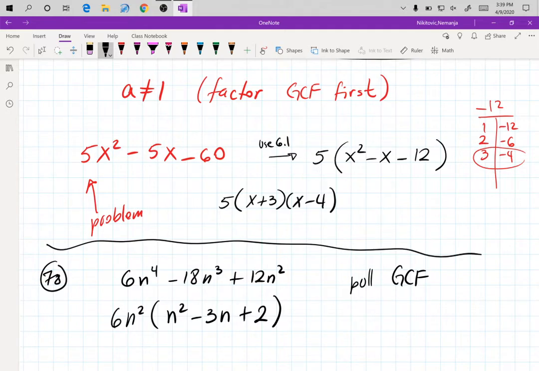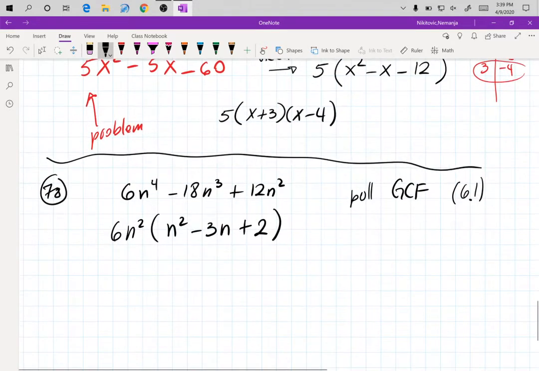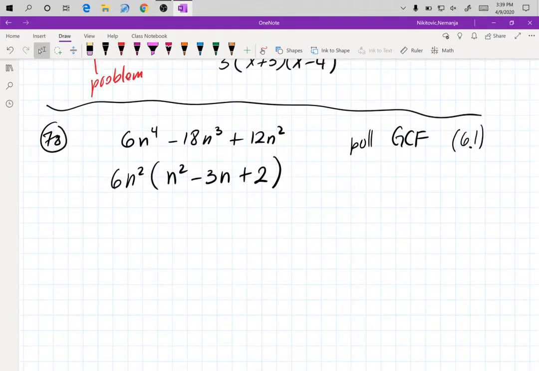So we used 6.1 to transform the problem into what we are used to, so we can use the method we just learned. Each one of these had a 6 times a number in front, therefore we can pull 6, and each term had at least n squared.